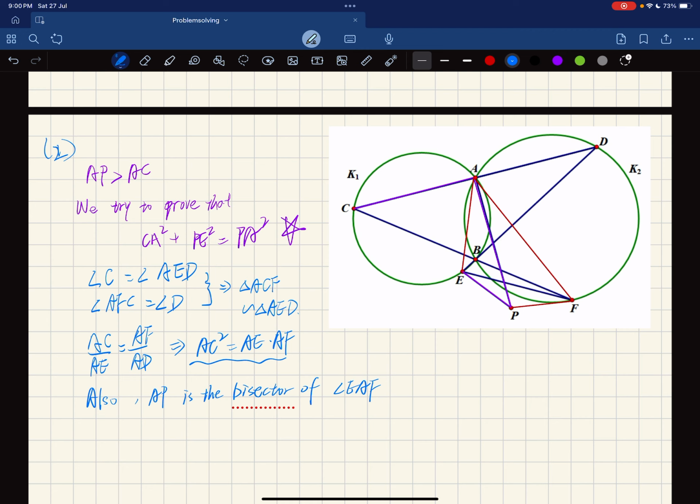From here, what do we want to get? We should think carefully of this thing.